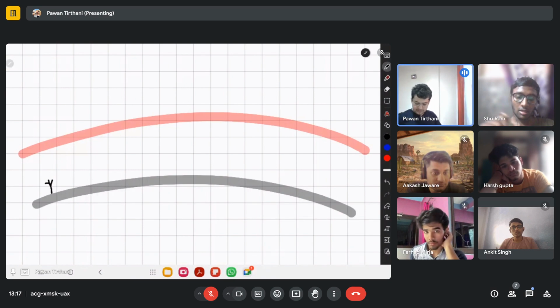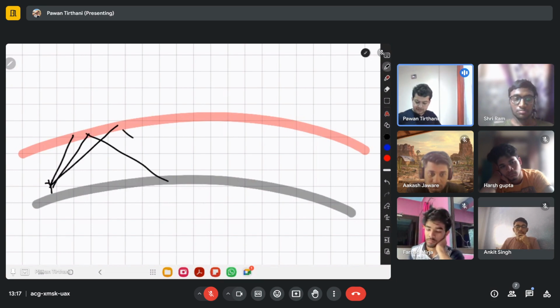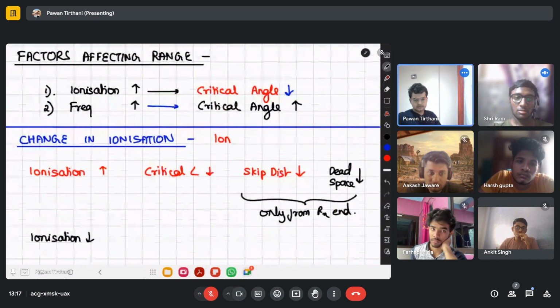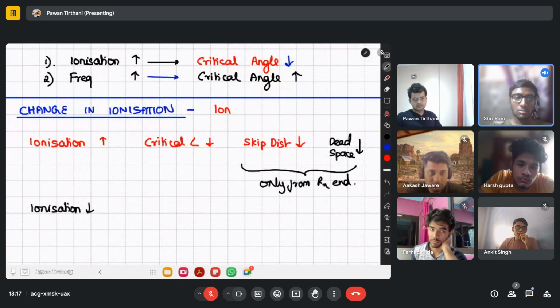So the ionosphere is very, very strong right now, so it is sending all of these waves back. What will happen? The critical angle first decreases. Yeah, because ionization decreased, right? And waves are transmitted outward.